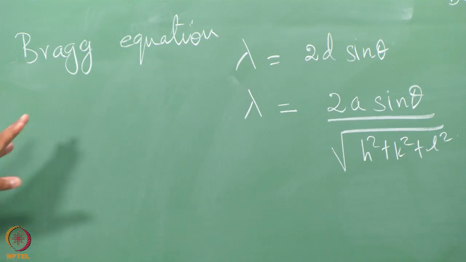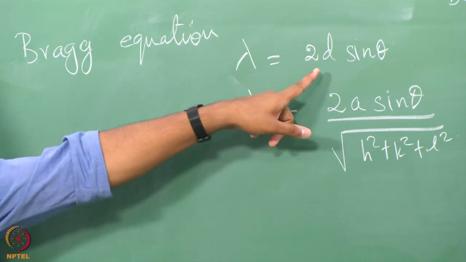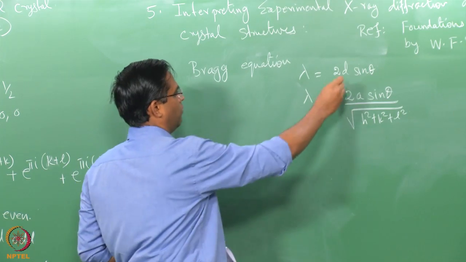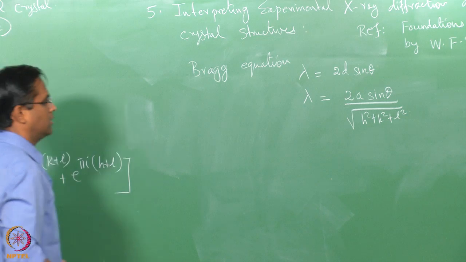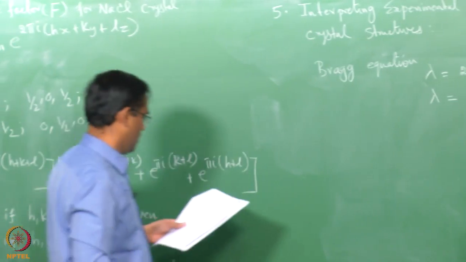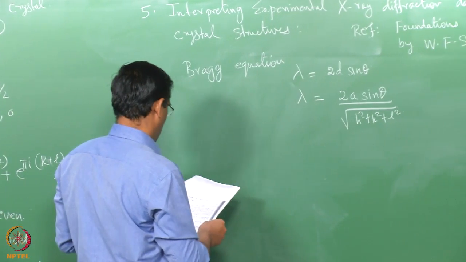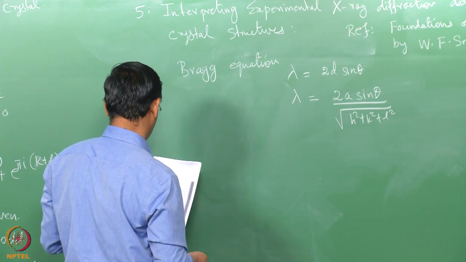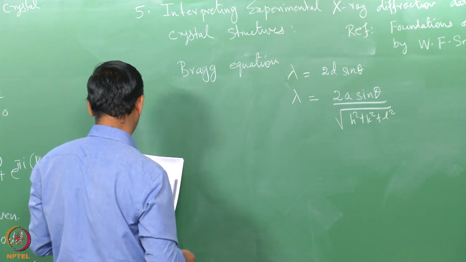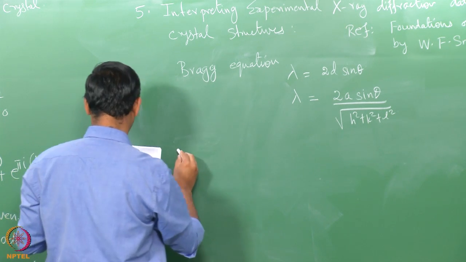So, you can substitute the expression for d, that is a by square root of h square plus k square plus l square, and then we can also write some of the basic rules.